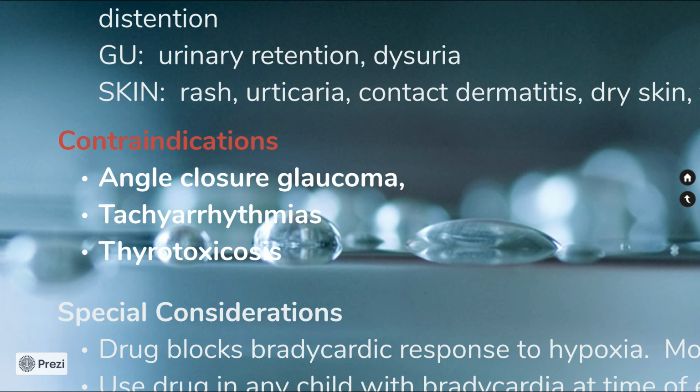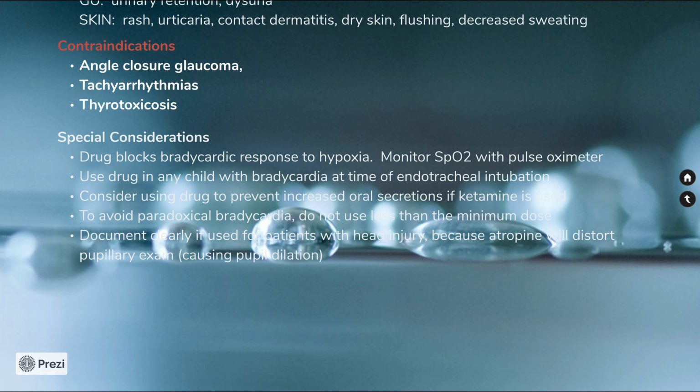So, a special consideration, as usual, monitor the vital signs when you administer atropine. Atropine has a special role in the sedation of children. It is used in children with bradycardia if they need to be intubated.